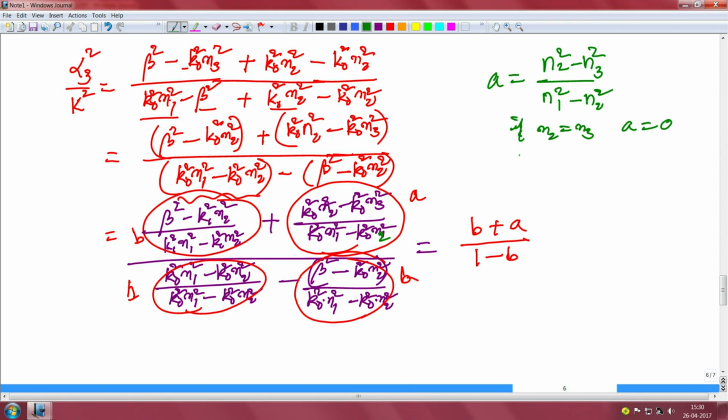Also, when n2 is not equal to n3, since usually the refractive index difference n1 square minus n2 square is very small, you can say that the value of a is very large. So, the value of a ranges from 0 for the symmetric waveguides to very large for very asymmetric waveguides. So, we can say that a represents the asymmetry parameter.